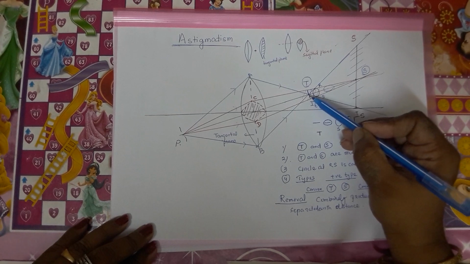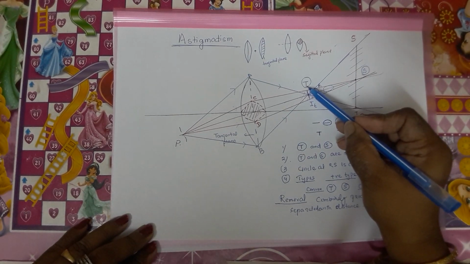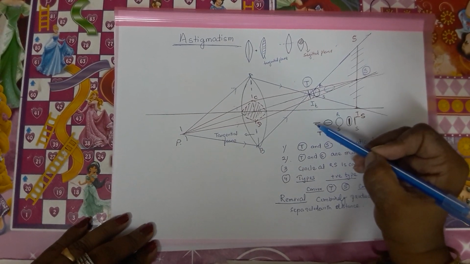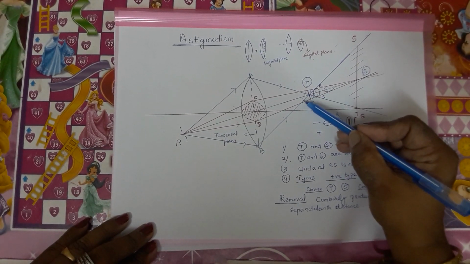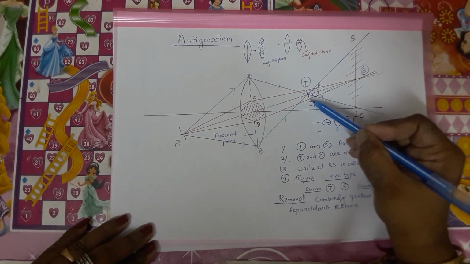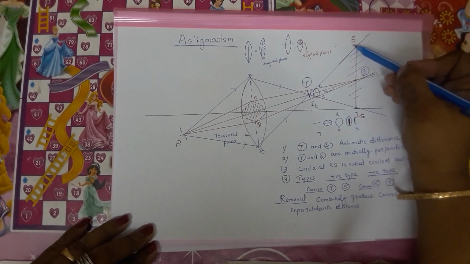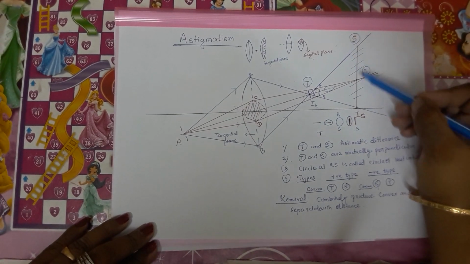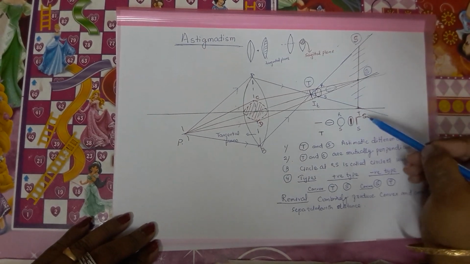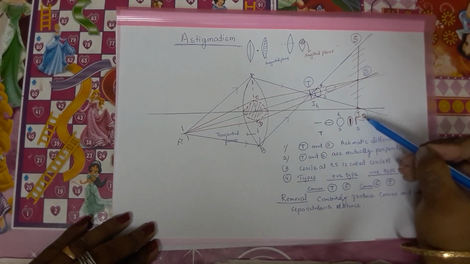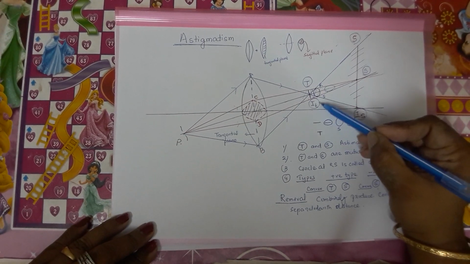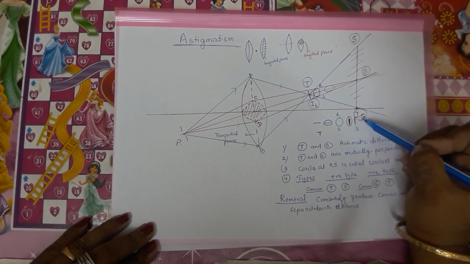If I keep the screen at the T position, we will get an image IT in the horizontal plane, called the sagittal plane. If I keep the screen at S, I will get an image in the tangential plane called IS. This is IT and this is IS, a tangential line and a sagittal line.